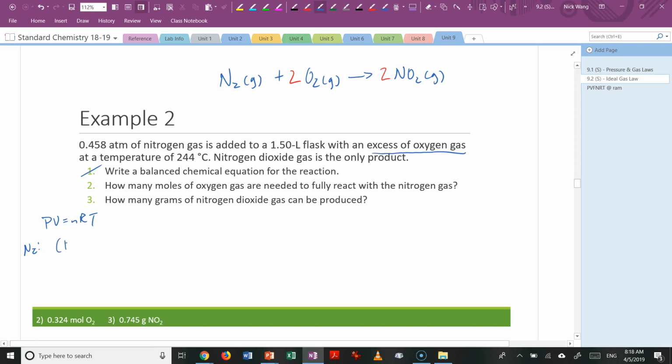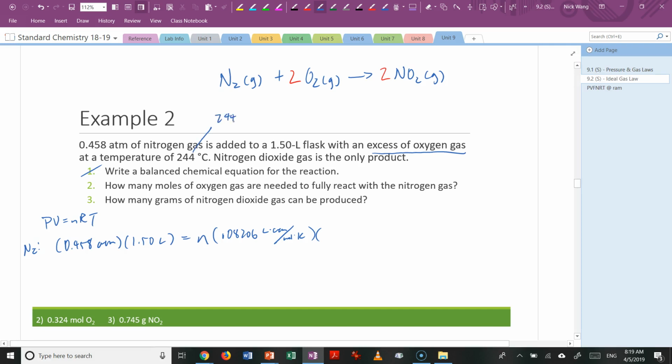So pressure is 0.458 atm. The volume that it's contained in is 1.50. The mole amount, the n, I'm solving for. The R is that gas constant, 0.08206 liters atmospheres per mole K, all of that together, and then times your temperature. Well, again, I can't plug in 244 degrees Celsius because it's got to be in Kelvin.